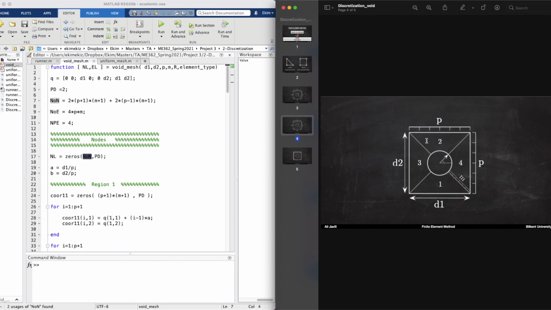We want to divide our domain into 4 regions. So this will be region 1, this will be region 2, this is 3, and this is 4. And we will generate the node lists of each region separately and then combine them to get our general node list.